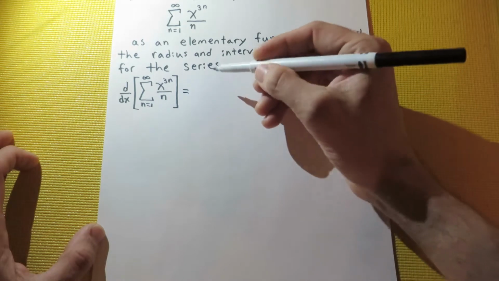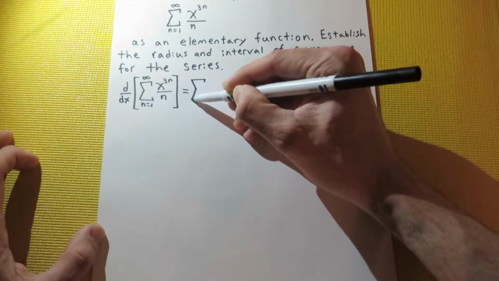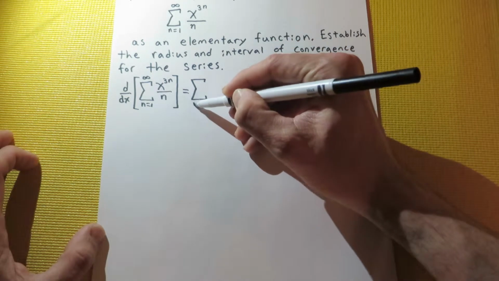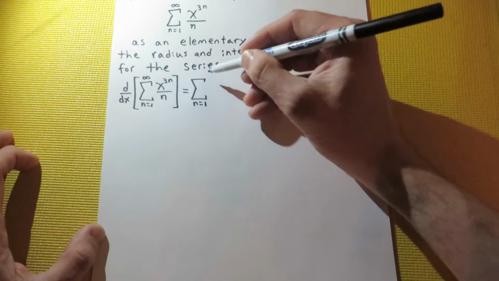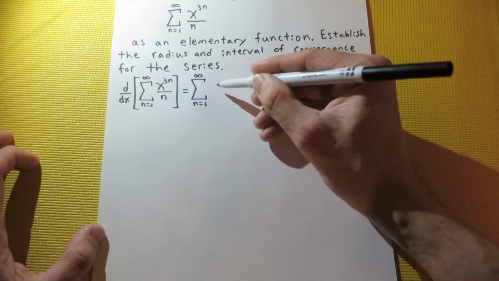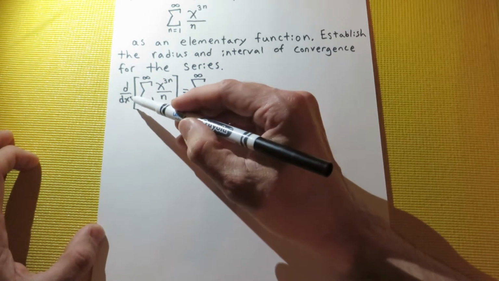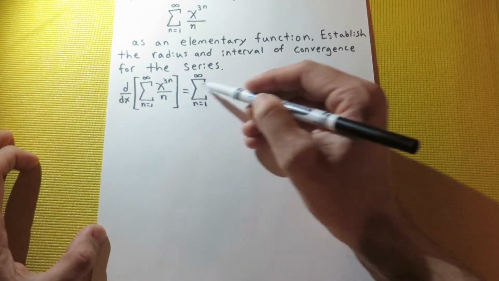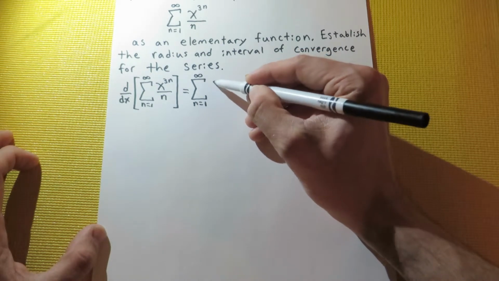So here we have the sum from n equals 1 to infinity, and we're just going to put our differentiation here on the inside of the series.